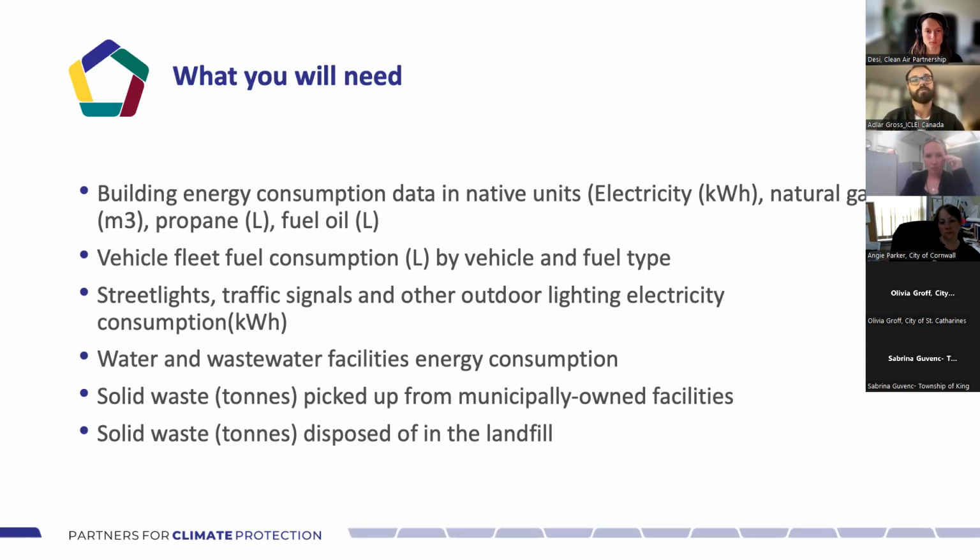Water and wastewater facilities, for the corporate inventory, we're only looking at the energy consumption from those facilities. So it's very similar to the building data. It's just separated out as a different category because the nature of those facilities is different in terms of the types of retrofits and energy efficiency improvements you do in them.